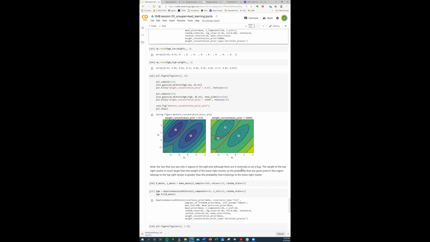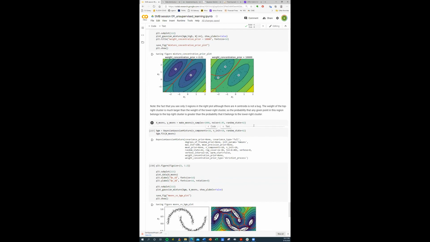He points out that apparently there are 4 centroids here, and the right plot only identifies 3 of them, okay? And that is on purpose because the weight of the cluster here, sorry, the top right cluster is lower than the lower right cluster. So the probability is higher that any point belongs to this than that.